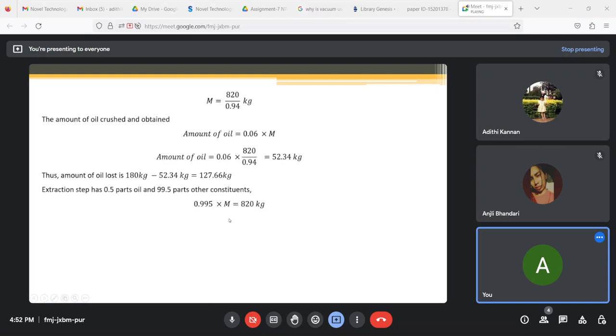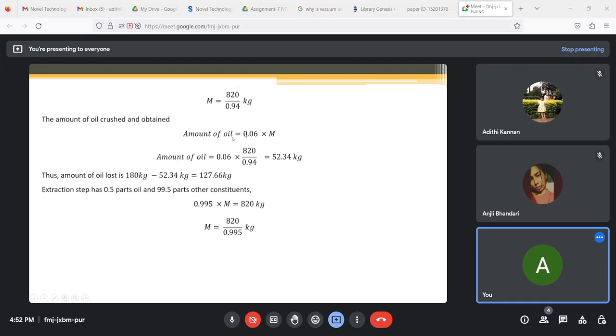This m is not the same as the earlier m, so let's say this is m1, this is m2. So 0.995 into m2 will be equal to 820 kgs, since the amount of solids is always constant. So m2 will be 820 divided by 0.995 kgs. This is the total amount of mass after the solvent extraction process.